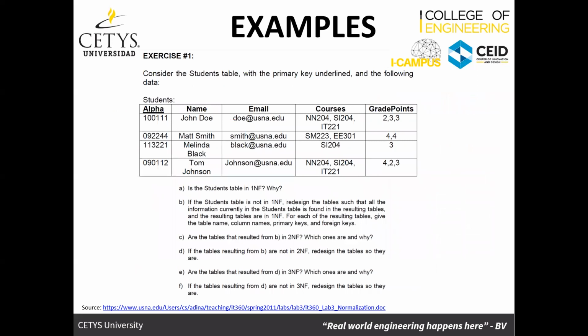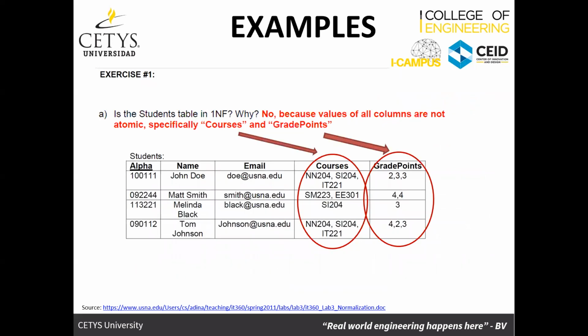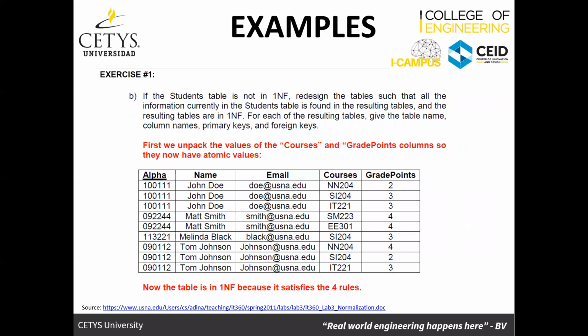The first step is that from the original information, we unpack the data so there's no atomic values, and then we get a new table. That's in first normal form.